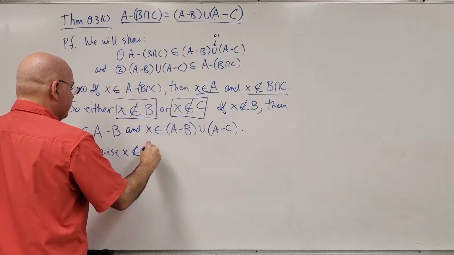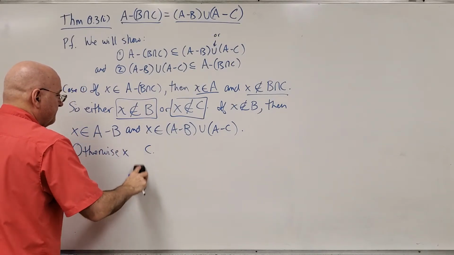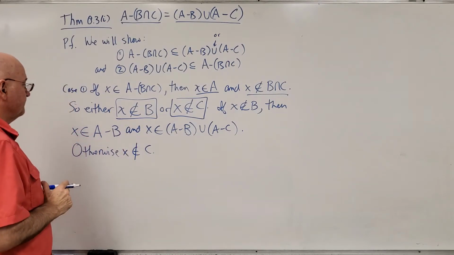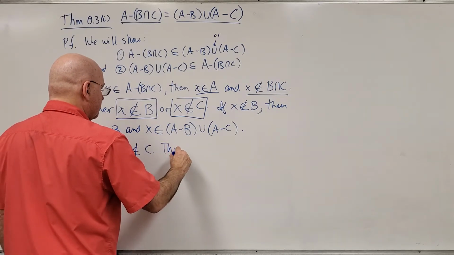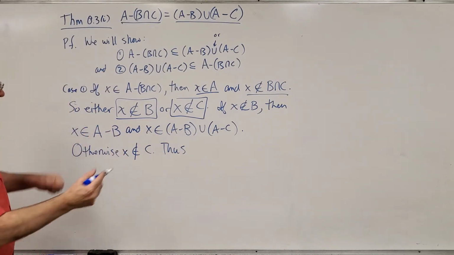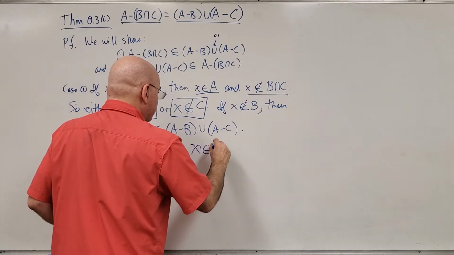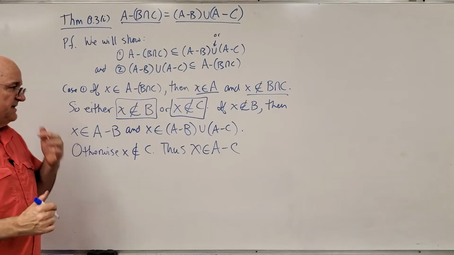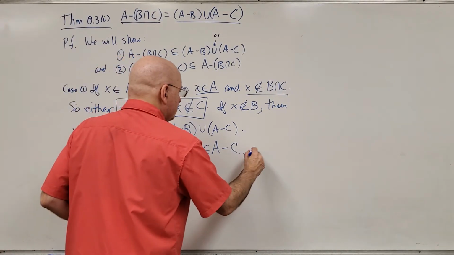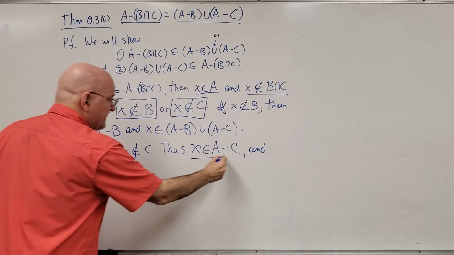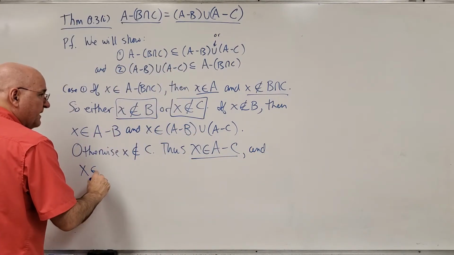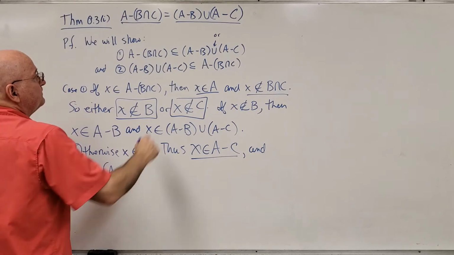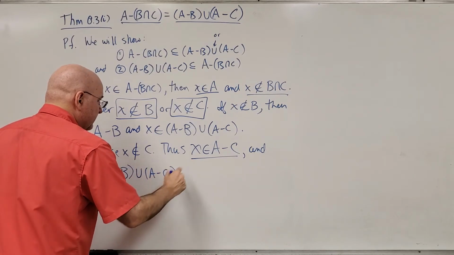Otherwise, x is not in C. Thus, x is in A minus C. It's in A, but it's not in C, so it's in A minus C. And it follows that x is an element of A minus B or A minus C. We know it's in that one.